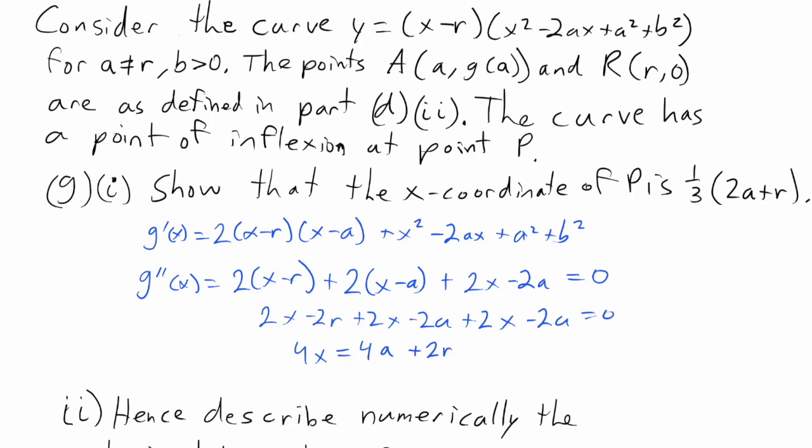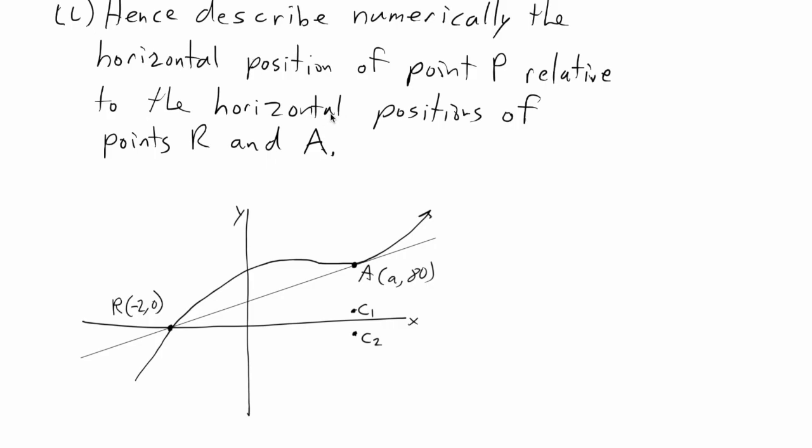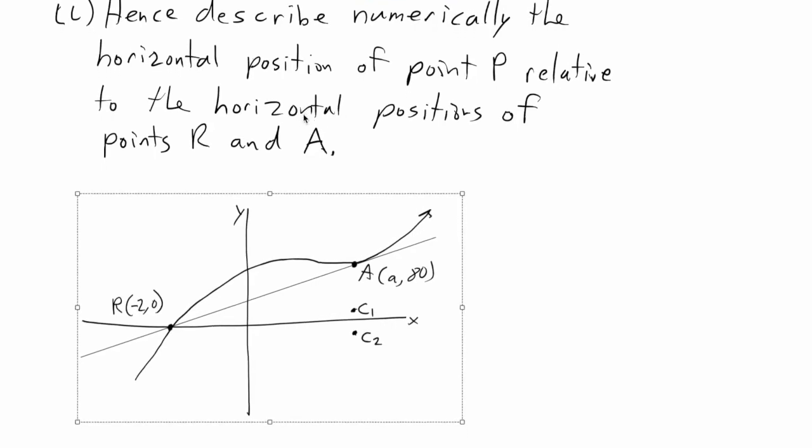It's 6a. 2x, 2x, 2x, so 6x. Sorry. So we divide by 6 and we get x equals 1/3 (2a plus r) as required. It's only a one pointer, but it's really tough to get the points in the answer key.